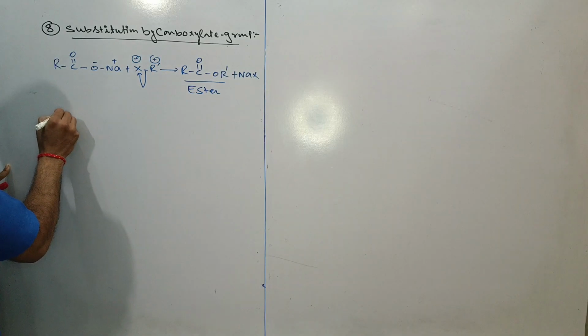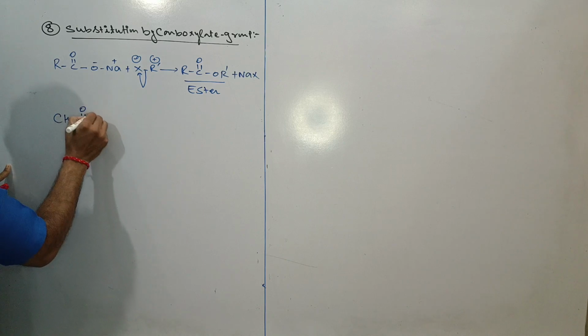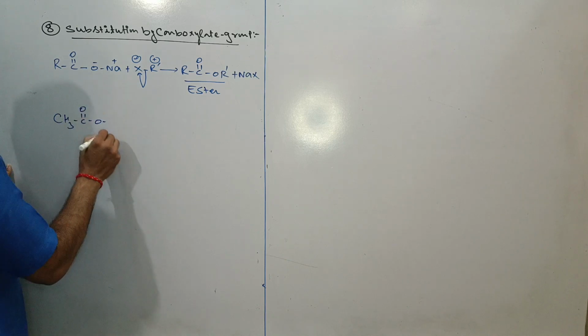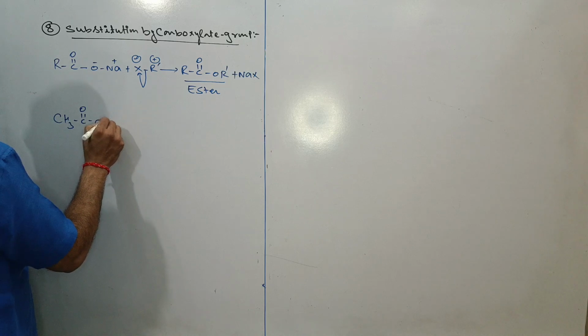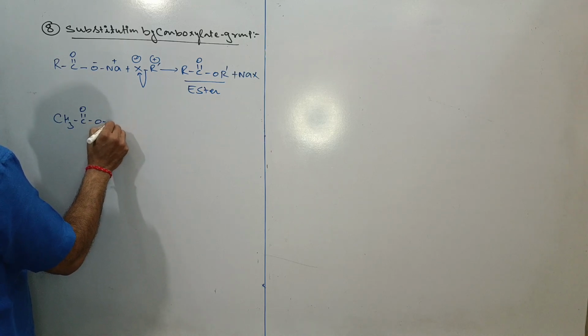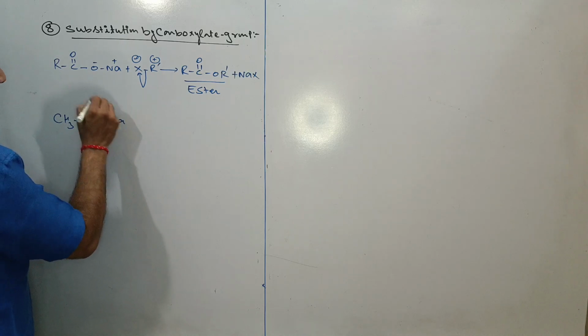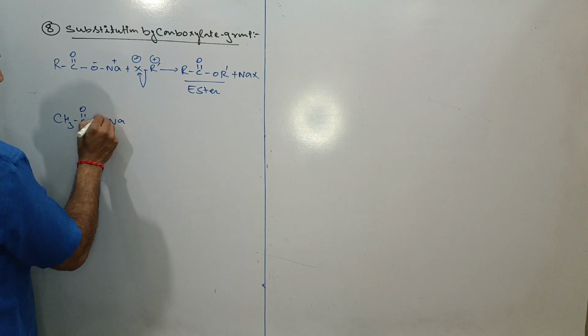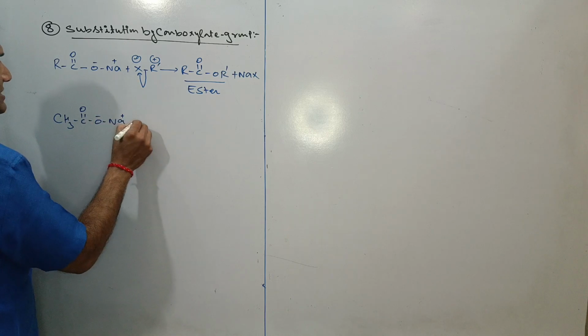If I go with the reaction, then we can take R equals CH3COONa. This is the CH3COONa, and this is plus and minus.